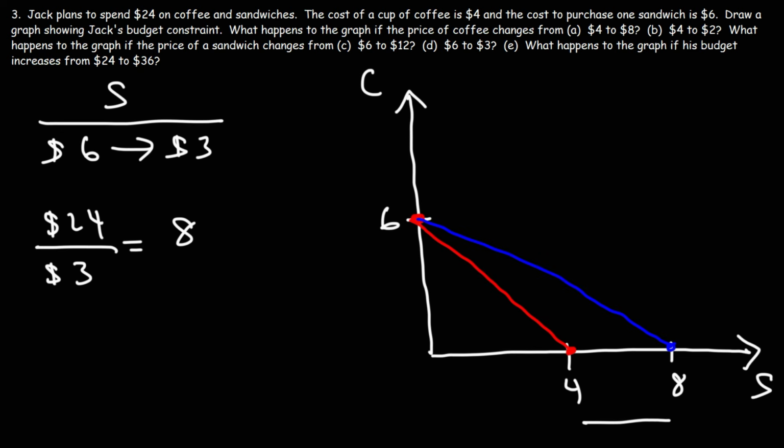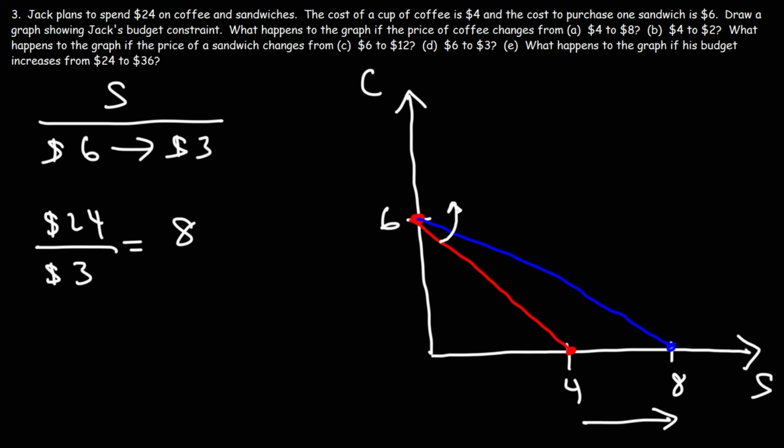So this time the x-intercept moves towards the right along the x-axis. As for the rotation, this time, going from the red line to the blue line, we can see that the budget constraint graph rotates in the counterclockwise direction. So those are the effects of changing the price of coffee and the price of the sandwiches.